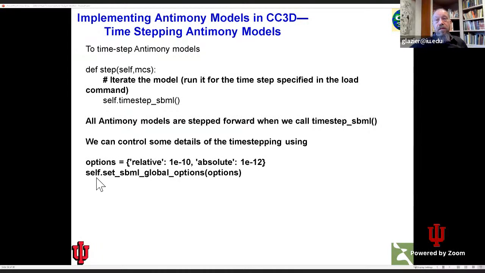And so there is something called self.set SPML global options that allows you to control the specific details of the integration. I hope you don't have to deal with that. In practice, if you do have to deal with it, it means you're doing something pretty hard. And we can come back to it, go over that in more detail.